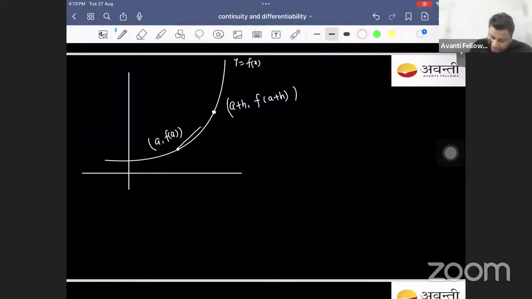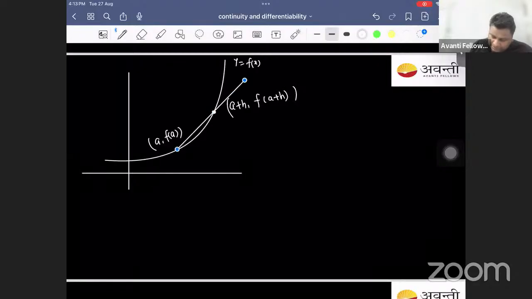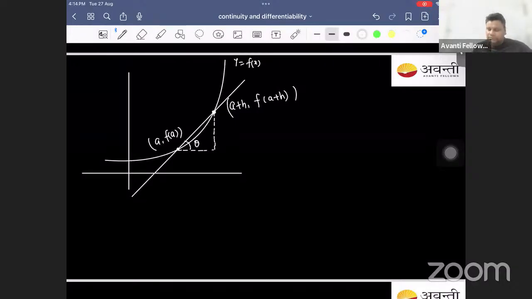Now, if I join these points like this, I get a chord of the function. If you make a right angle triangle out of it, and this angle is theta, say this point is A and this point is B.